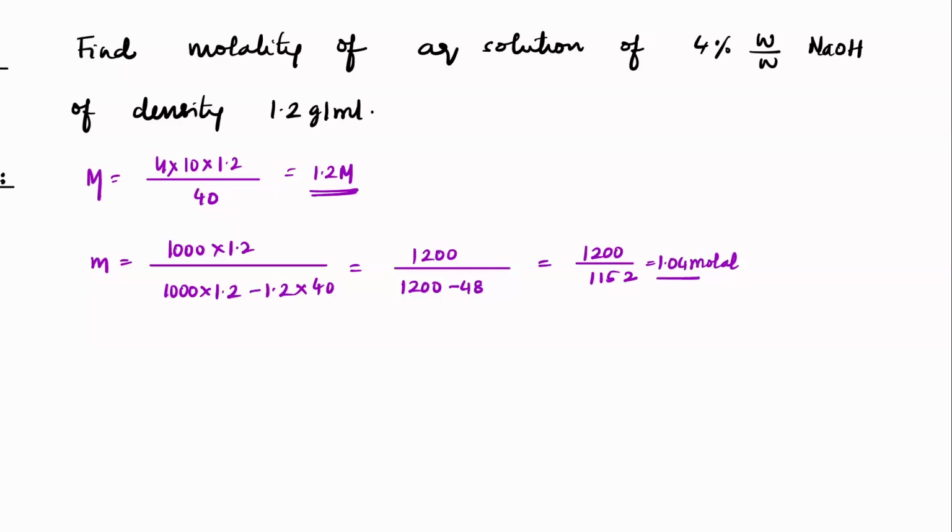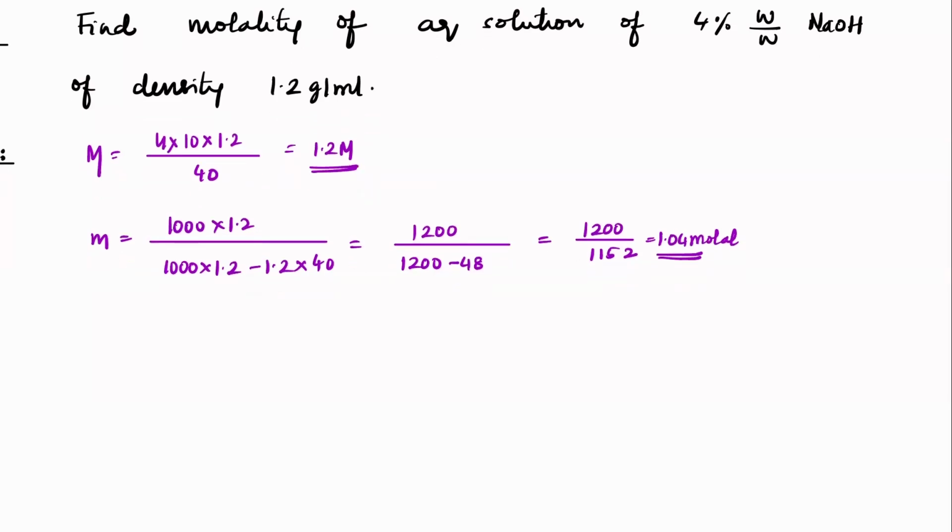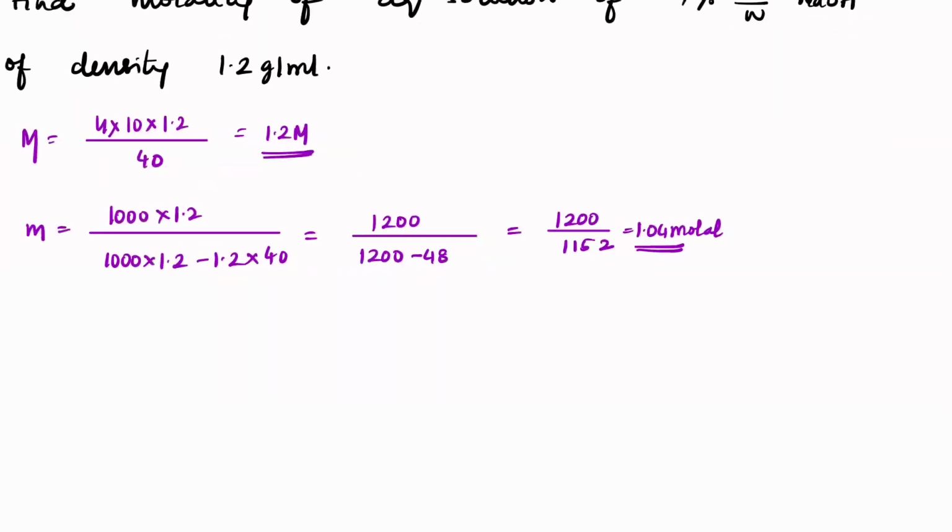Have you noticed these values are pretty close? What does this mean? Whenever it comes to molality and molarity, as the concentration is increasing, the difference between them will start increasing.